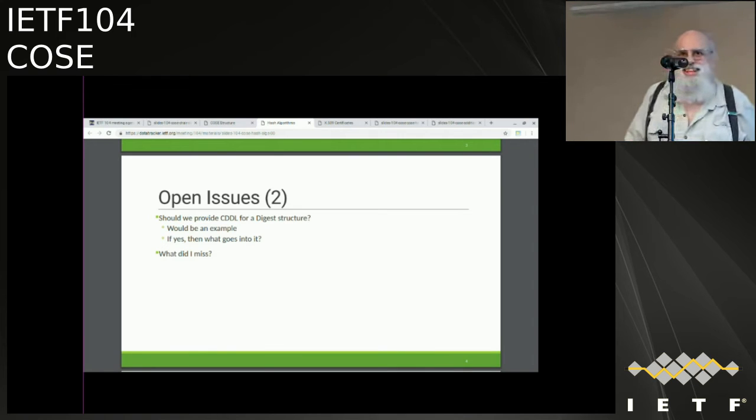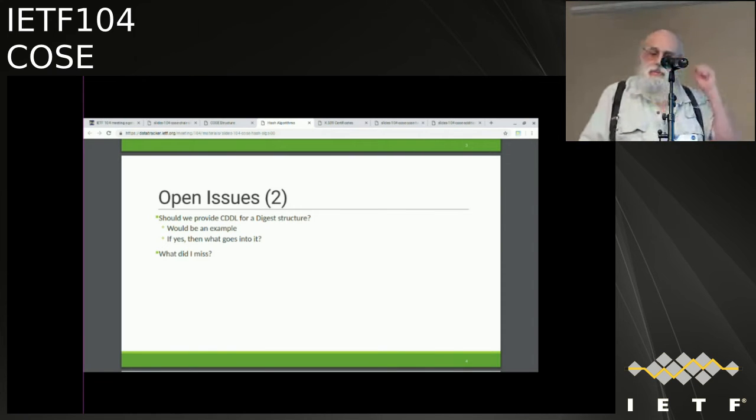So what would be the use case you would be addressing with that example? Well, we need to define it for X509. So we have to define a structure which says I've got a hash and I've got a value. And the question is whether people in general would want to do that, or as I generally recommend, they should be defining their own structure.